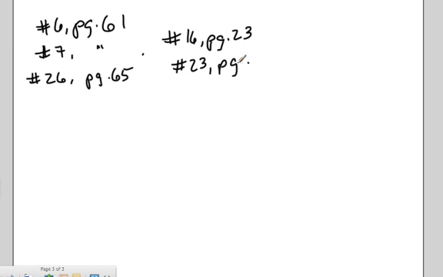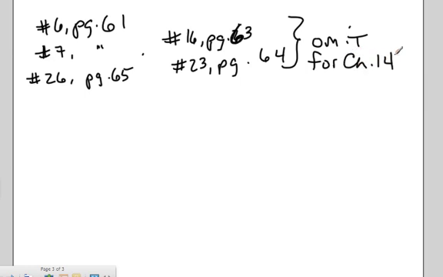All right, so let's see what we got going on here. All right, that's page 23. Number 16, number 23, page 64, and number 16, page 63. I have to double check what I put online about that. Okay, we omit these for the quiz on chapter 14, and they would be added to chapter 15. Okay. All right, because remember when you take the test, you've already covered all the chapters.